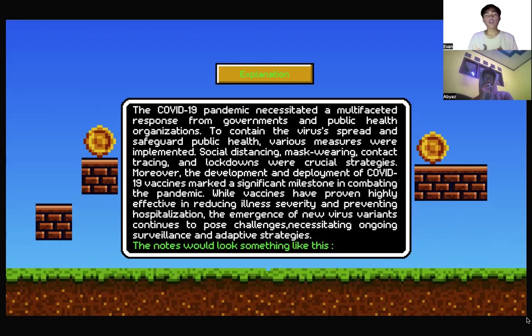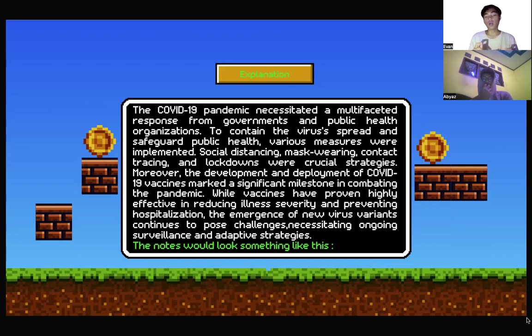Moreover, the development and deployment of COVID-19 vaccines marked a significant milestone in combating the pandemic. While vaccines have proven highly effective in reducing illness severity and preventing hospitalization, the emergence of new virus variants continues to pose challenges, necessitating ongoing surveillance and adaptive strategies.